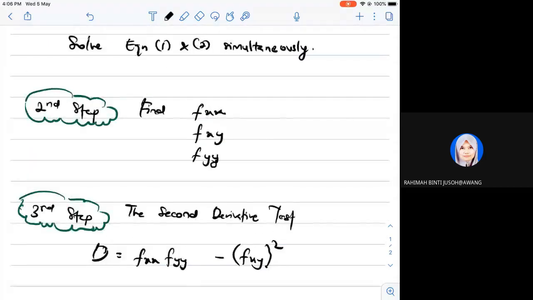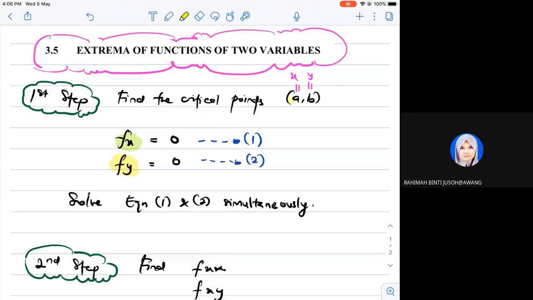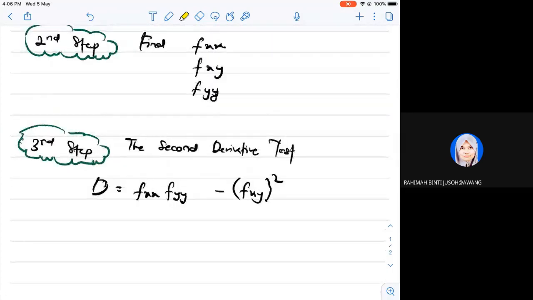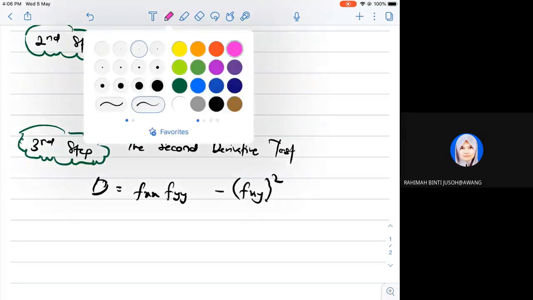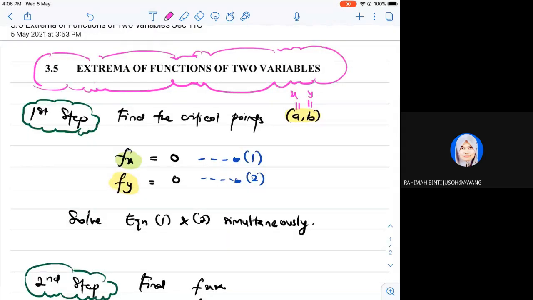Okay guys, this is where we use the critical points we found earlier. For example, when you have calculated your D, let's say you get D equals, for example, 2x cubed y squared minus 4x, like this. So what you should do is substitute all the values of the critical points.